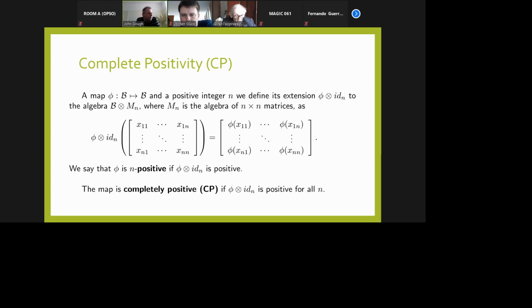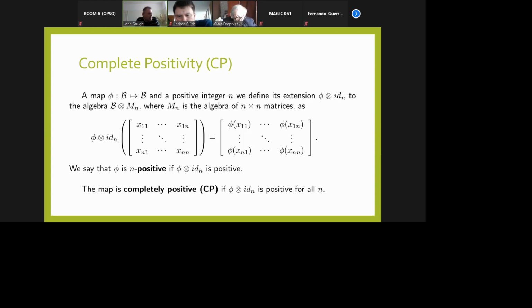So one way of thinking of this extension is as follows. We consider the algebra B tensor Mn as the n by n matrices whose entries are just operators in B. So the application of this extension, phi tensor the identity on n, is really just to apply phi to each of the matrix elements.